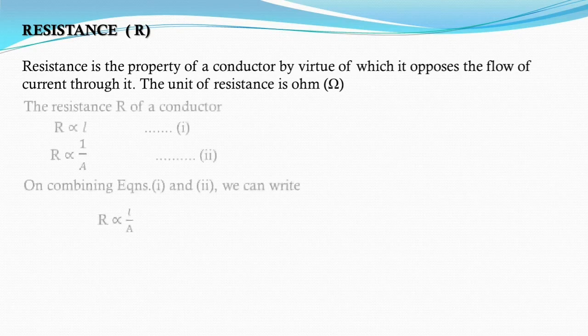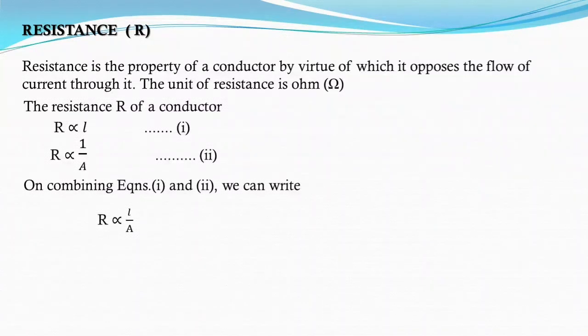It depends upon physical parameters: it increases with the increase in length and decreases with the increase in cross-section area. So a thin wire will have more resistance than a thick wire. Mathematically, equation first describes the relation with the length, and equation second describes the relation between the resistance and the area of cross section.